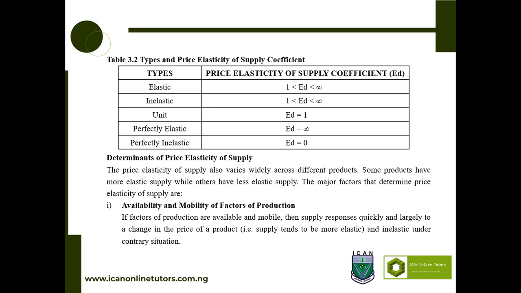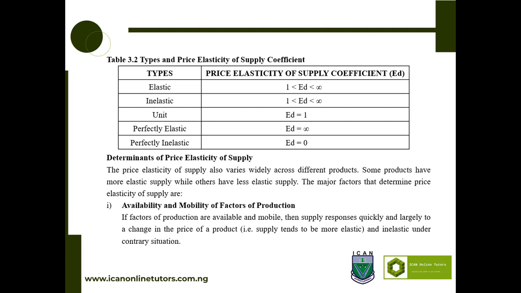Some products have more elastic supply, while others have less elastic supply. So the major factors that determine price elasticity of supply include the following. Number one, we have the availability and mobility of factors of production.